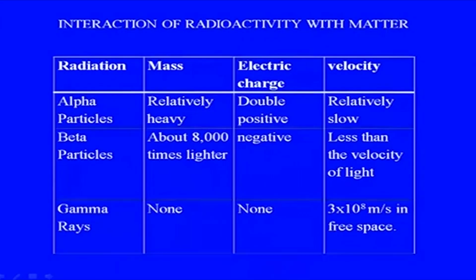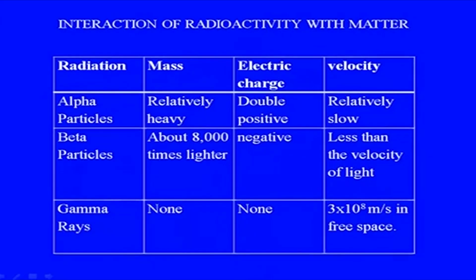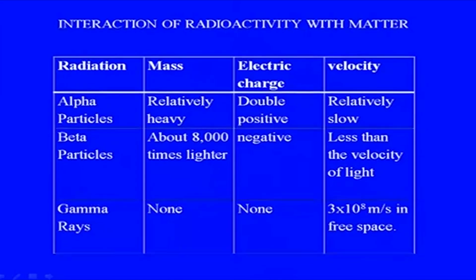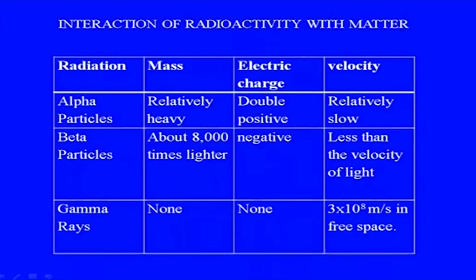They can be negatively or positively charged, and they will be faster than the alpha particle. Likewise, gamma rays, which do not carry any mass or charge, will be highly penetrating in nature. All right, let us discuss each of them: how do they interact with matter and what are the consequences in terms of their application and toxicity.